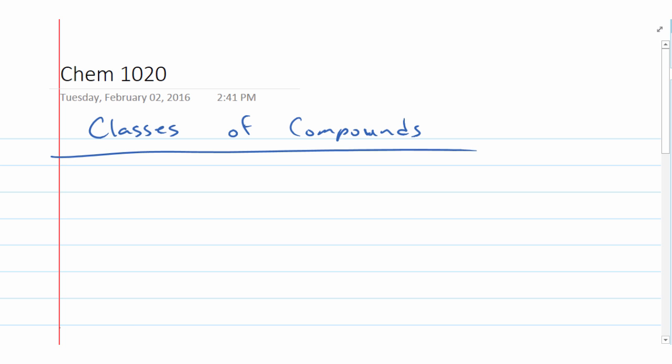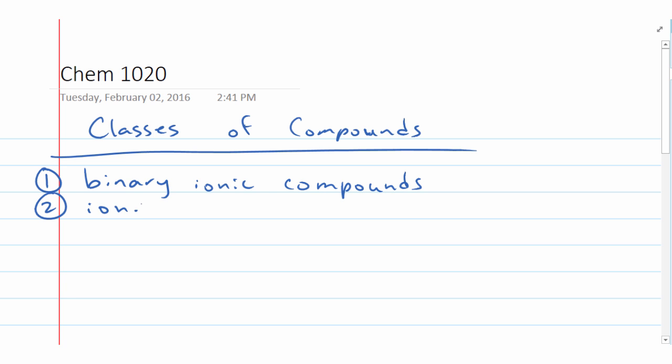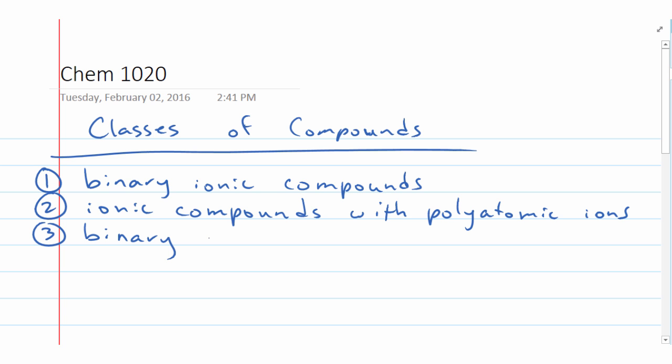And those classes will consist of binary ionic compounds, second class will be ionic compounds with polyatomic ions, third class would be binary molecular compounds, fourth class of compounds you'll be responsible for are binary acids.